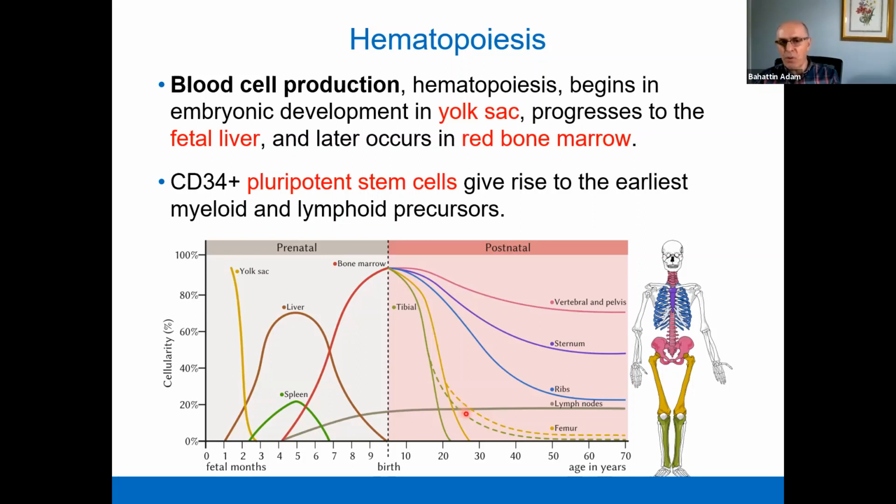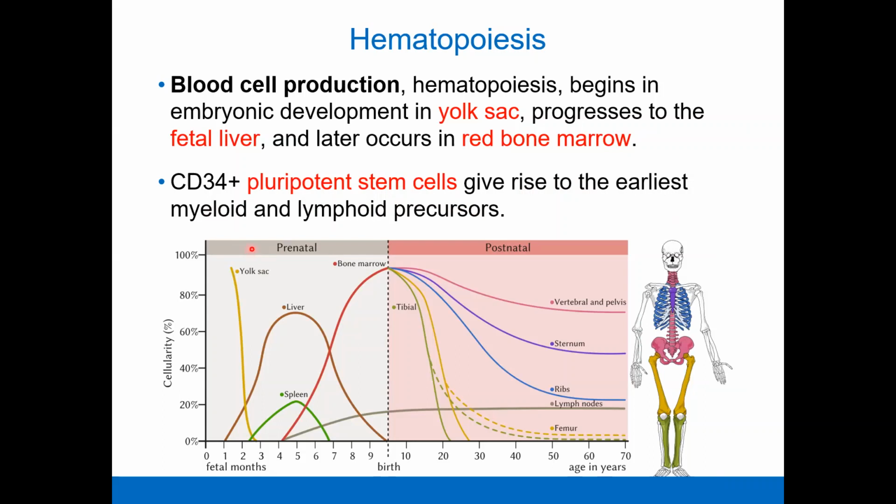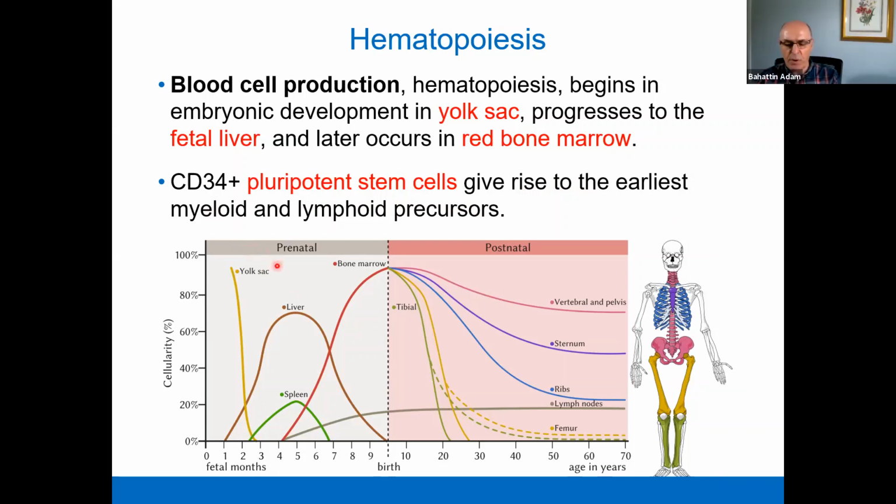Now we are going to discuss each of them. As you see here, CD34 pluripotent stem cells, you can also say stem cells, give rise to the earliest myeloid and lymphoid precursors that I am going to show you.